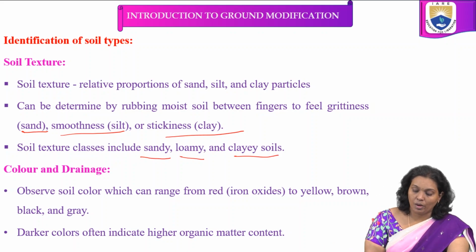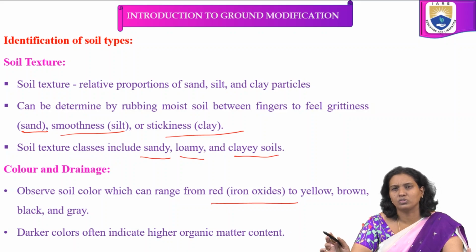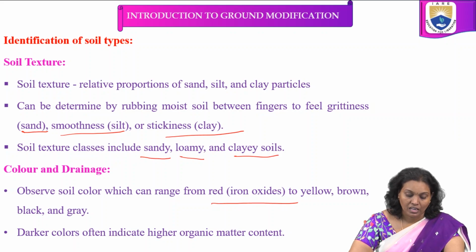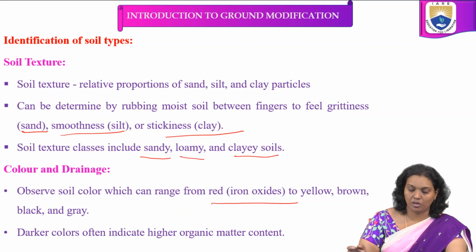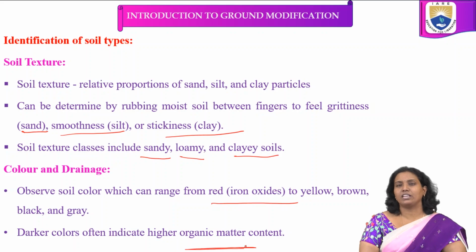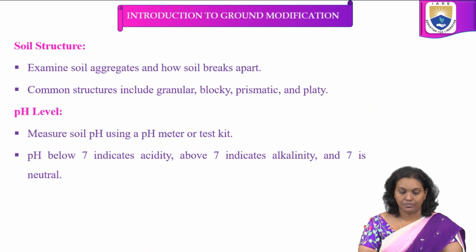How? Red to yellow colors indicate that the soil contains iron oxides, and darker colors indicate higher organic matter content. Such identification we may understand once we observe the soil color.